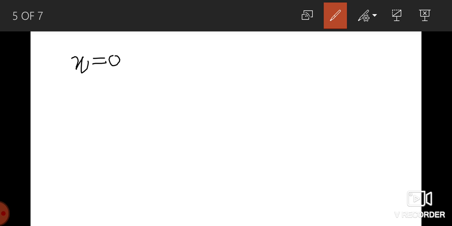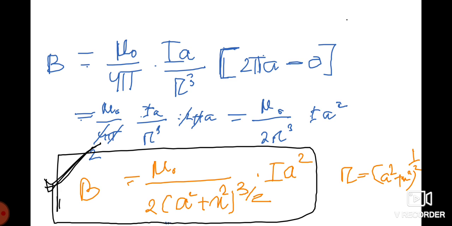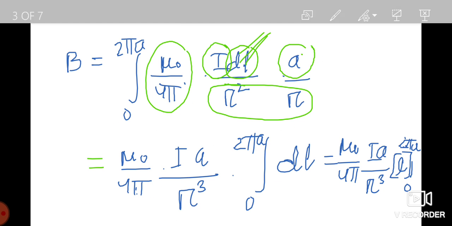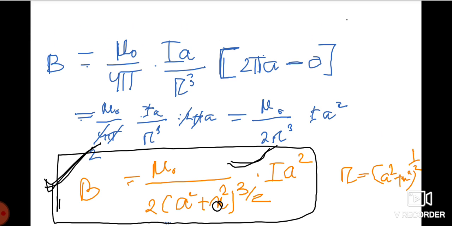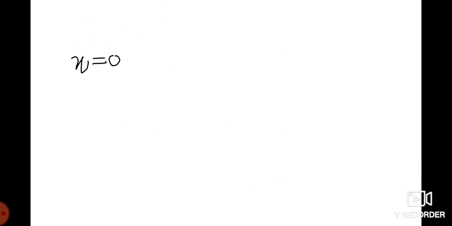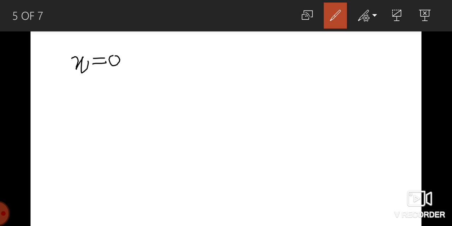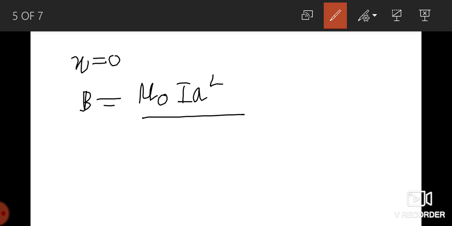Putting x equal to 0 in the equation, we get B equal to mu 0 I a square by 2 a cube.